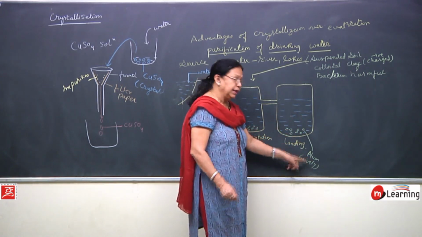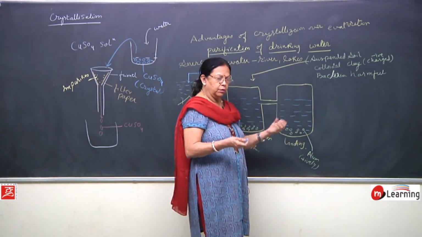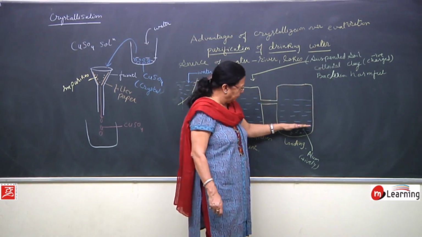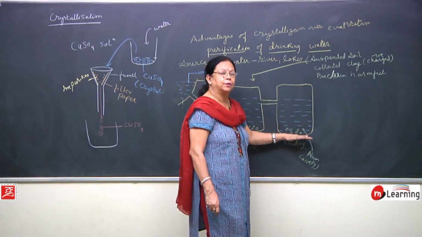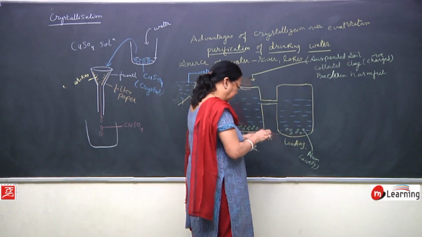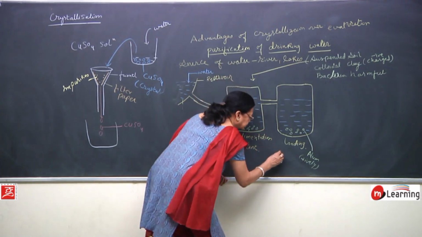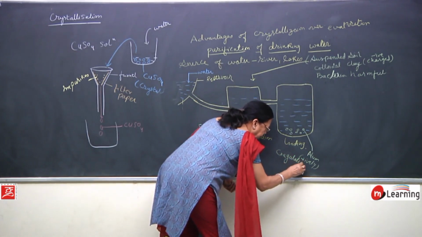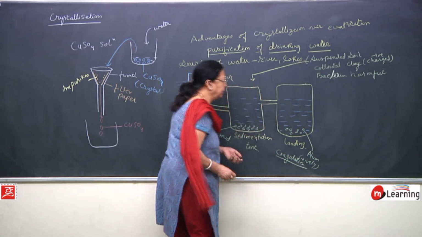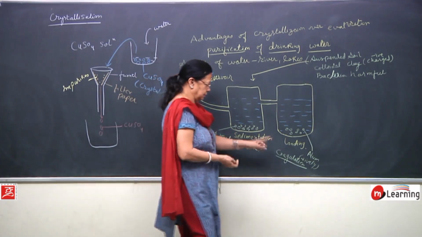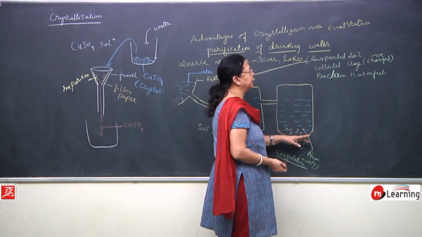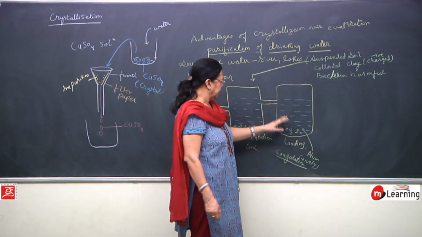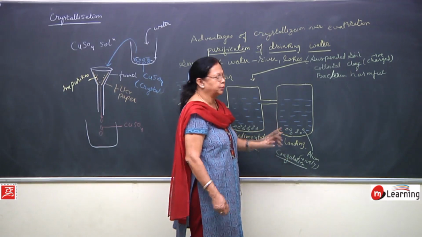Because this alum loads the colloidal particles on itself, and after loading it settles down at the bottom. This is also called coagulation, right. In this way, the colloidal particles are removed by alum in this loading process.